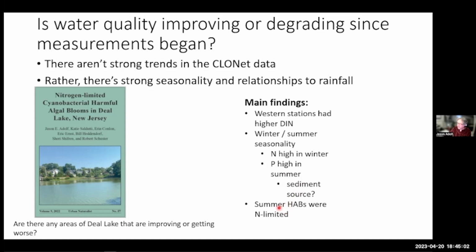And the harmful algal blooms that we see in the summer in Deal Lake are actually limited by nitrogen. In other words, you give them more nitrogen, they're going to grow more. And nitrogen likely comes into the lake through rainfall and through our urbanized watershed, like Steve was pointing out in his talk earlier.